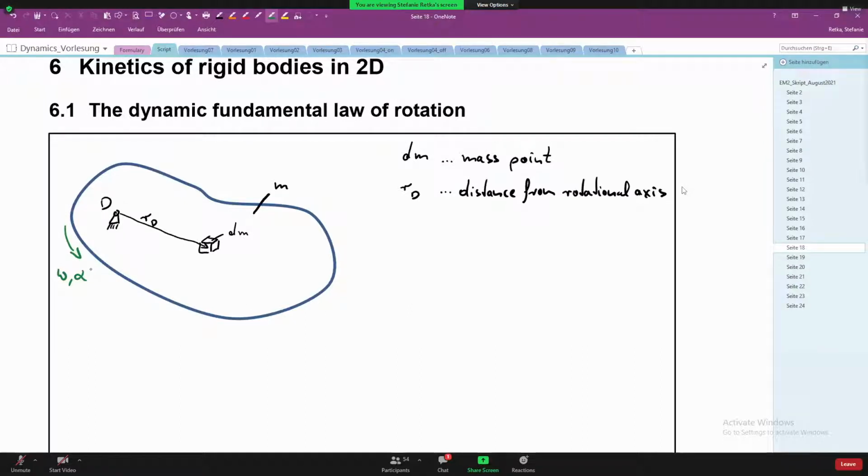It's a point mass performing a circular motion. Then it has two types of acceleration. One component tangential on the path in direction of travel, and the second component in normal direction towards the center of rotation, tangential and normal acceleration.